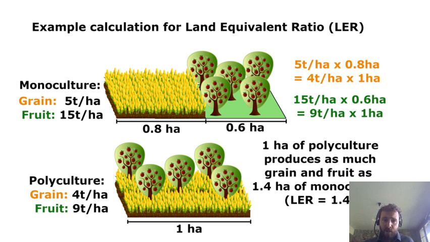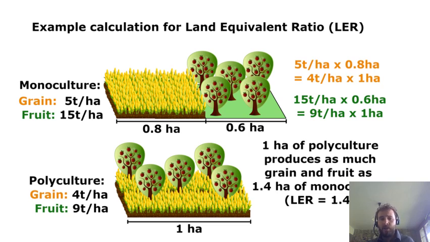Then if you calculate the LER, you will get 1.4, which means you will need only 1 hectare of polyculture, also of association of maize and apple, to get as much as you will need with 1.4 hectares of separate fields of grain and apple.